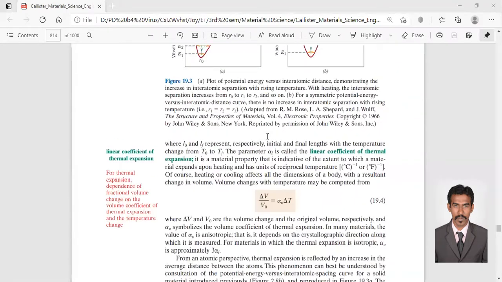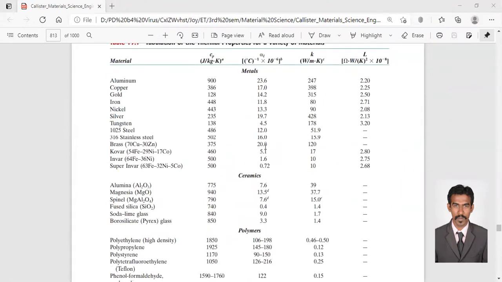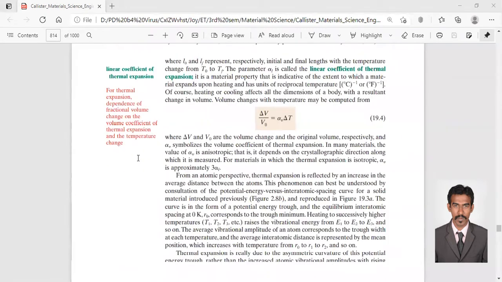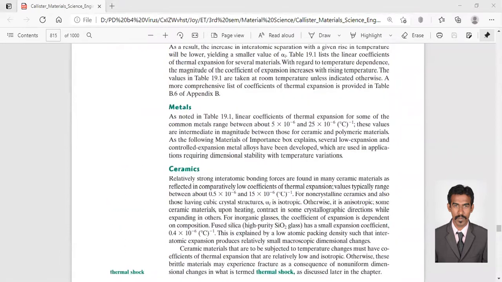They lie between this value and this value: these are the lowest, these are next, and these are the largest. The values range from a maximum of around 23 to 25, down to a minimum around 5.1, 1.6. That's what he is talking about.